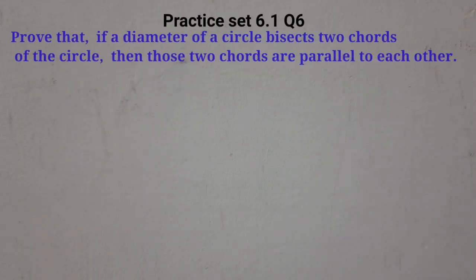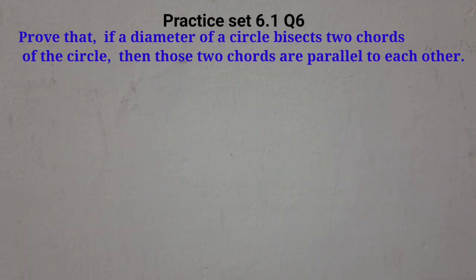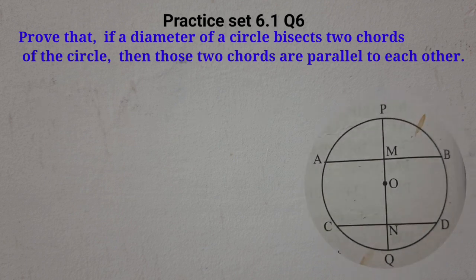Let's come to practice set 6.1, question number 6. The question is, prove that if a diameter of a circle bisects two chords of the circle, then those two chords are parallel to each other. You have a figure here. In the figure, you can see PQ is the diameter of the circle and the two chords you have are AB and CD.